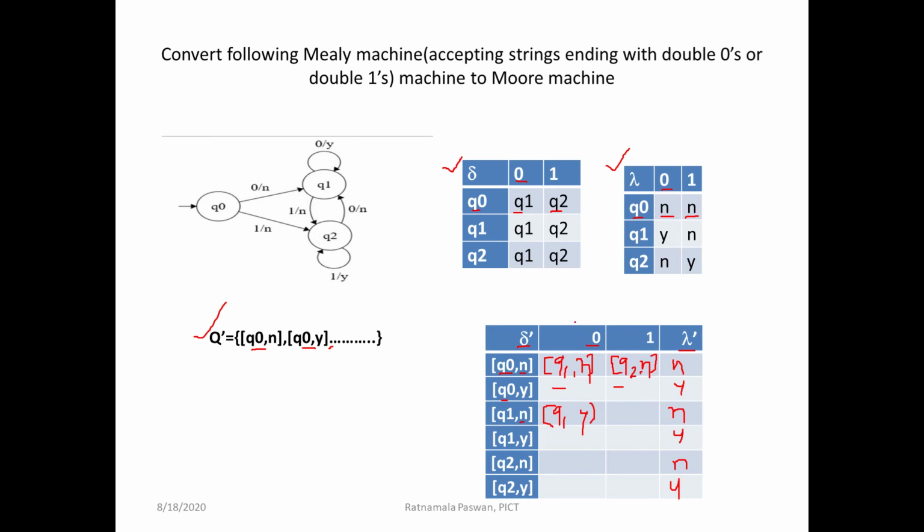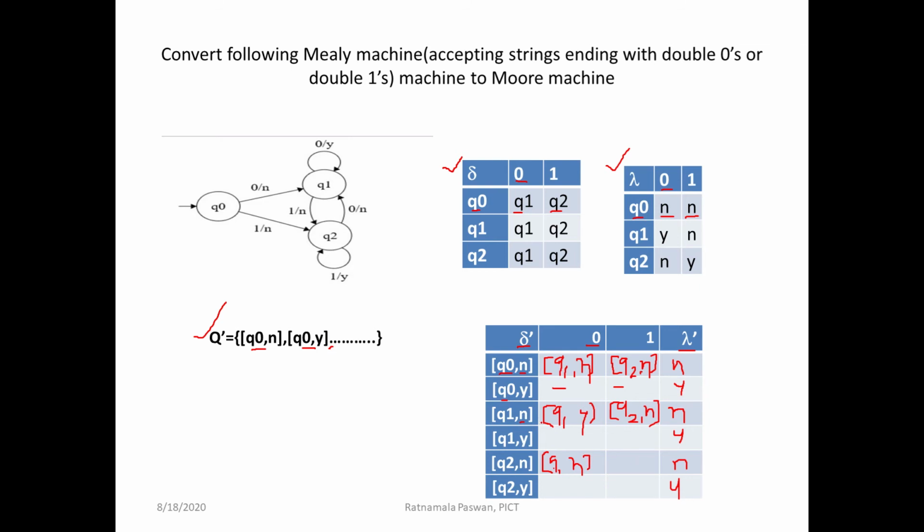Q1 on 1, you can find it is Q2 and the symbol is N. So it is Q2 comma N. For the next state, there is no need to find the same transitions or entries again. You can copy them there. Similarly for Q2 comma 0, Q1 N, and Q2 on 1, it is Q2 Y.